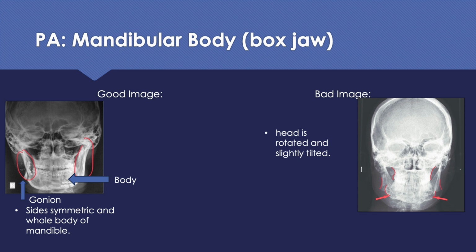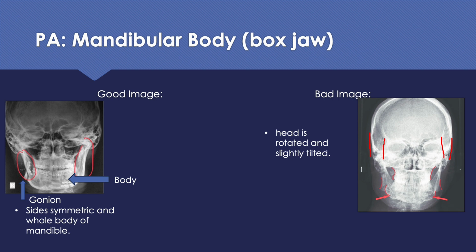This is the bad image, in which the head is rotated and slightly tilted. You can see this by the lateral orbits. You can tell that there's a little more distance on the left side rather than the right side, as well as by the distance of these joints right here.